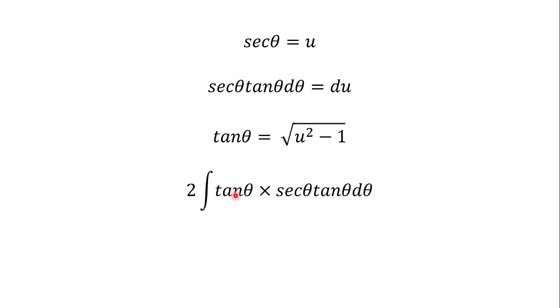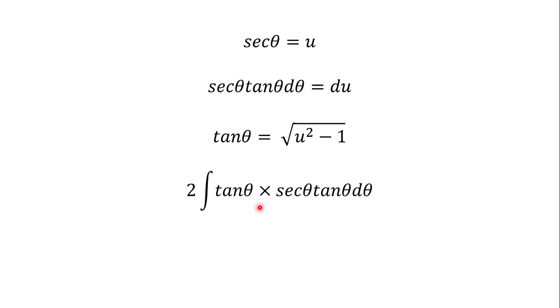Let's find out. U is secant theta. So when you bring it here, it should be secant theta squared minus 1, which will give us tan theta squared. And when you take the square root of tan theta squared, you're going to get tan theta. So you see this one is fast.